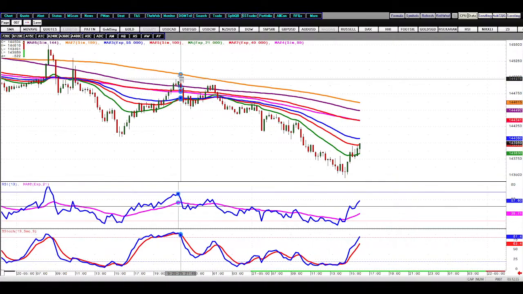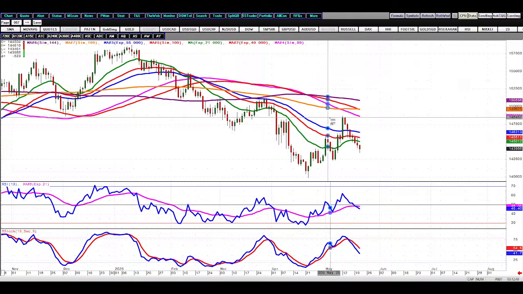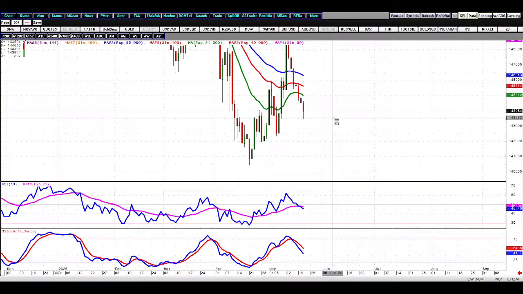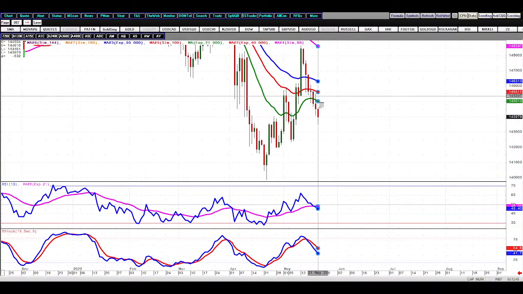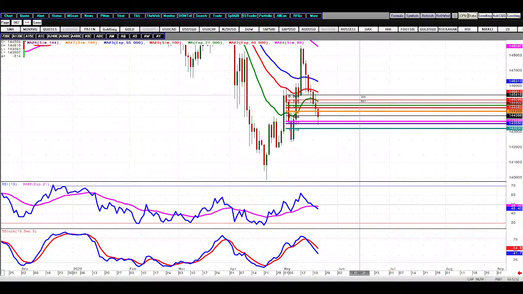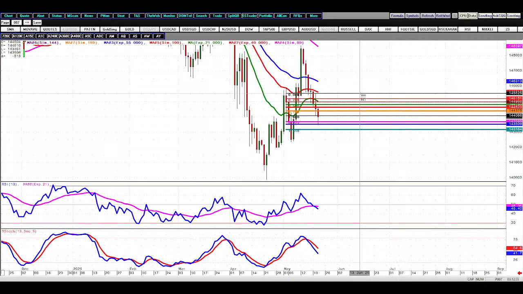If you look into the dollar yen, this is trading below the previous day low, and this is trading below the open. We were looking at the target at 143.50, and the low is 143.46.